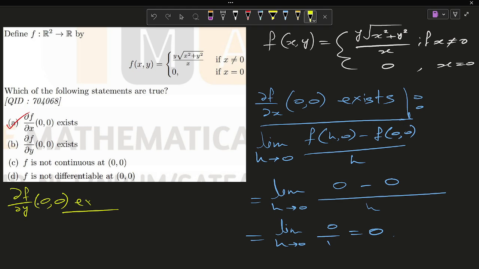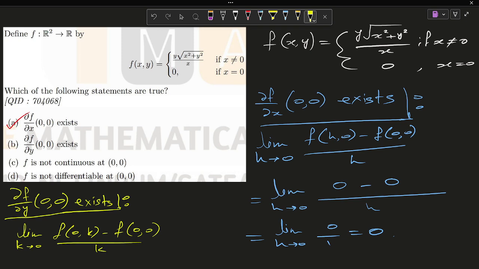We can again write this as the limit k tends to 0 of f(0, k) minus f(0, 0) by k. Putting k in the position of y, we again get 0 minus 0 by k.